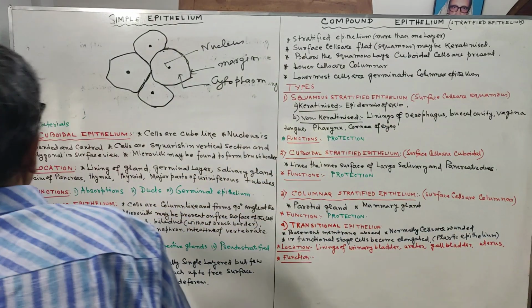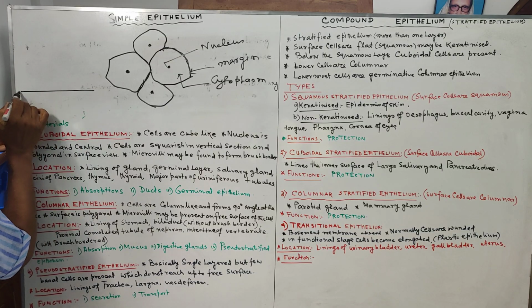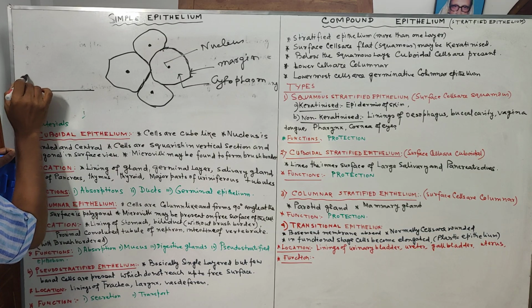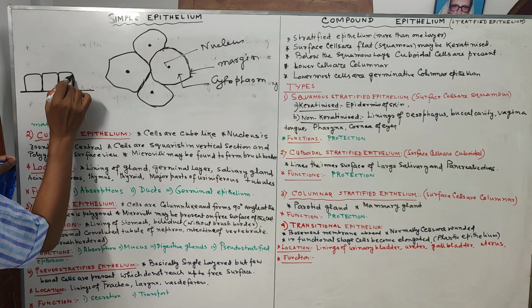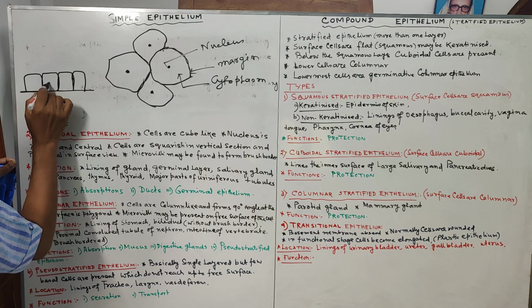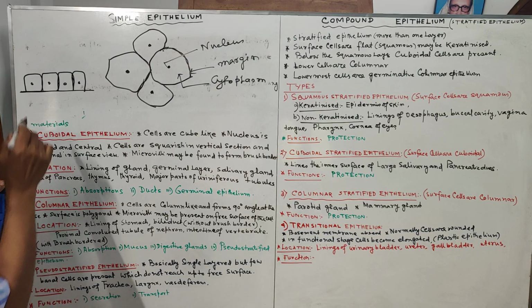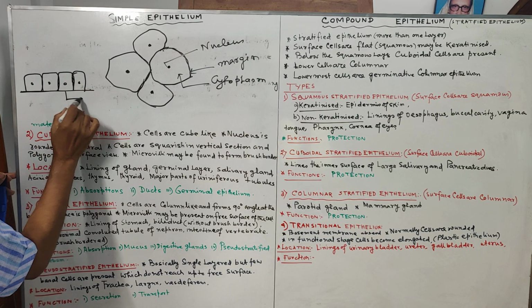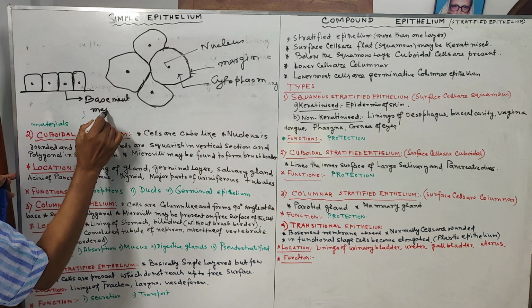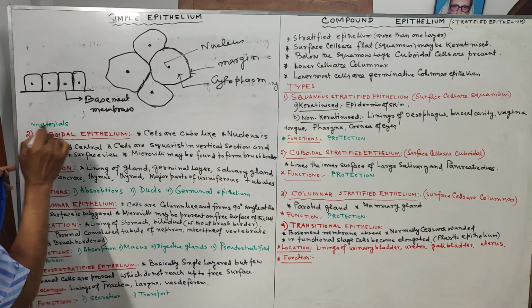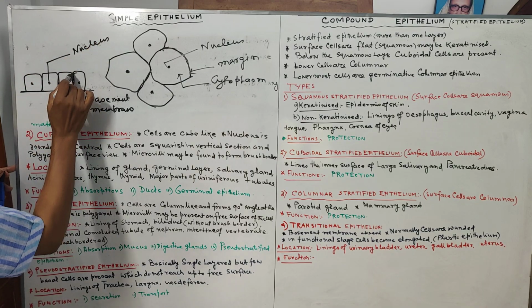In the figure of cuboidal epithelium, this is the basement membrane, the centrally placed nucleus, the cytoplasm.